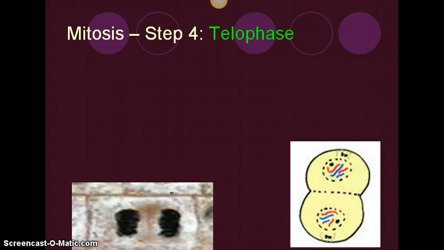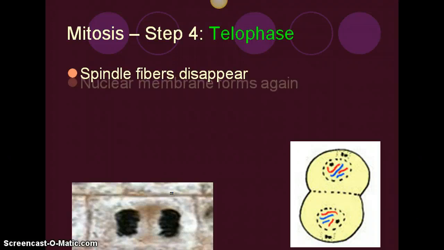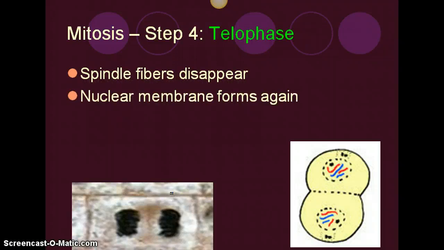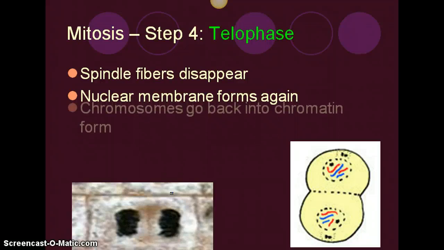Mitosis step 4 is telophase, and in telophase we start to actually separate the cell a little bit. It's going to be the opposite of prophase, so we have spindle fibers that are disappearing. We're not going to see those anymore. The nuclear membrane starts to form again. You can see that with the dotted lines in the drawing there.